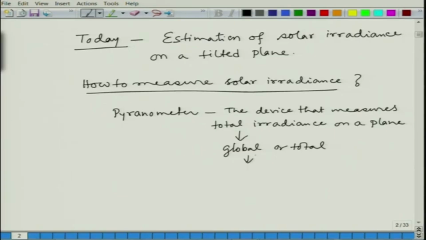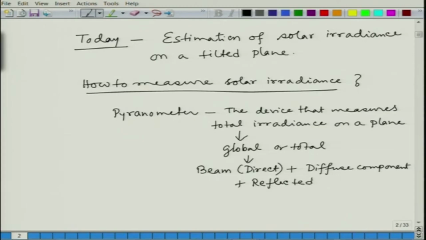So, it means that it has all these components: beam component, which is nothing but the direct part of the solar radiation, also the diffuse component, as well as the reflected part.